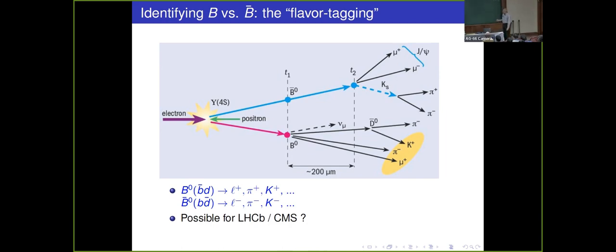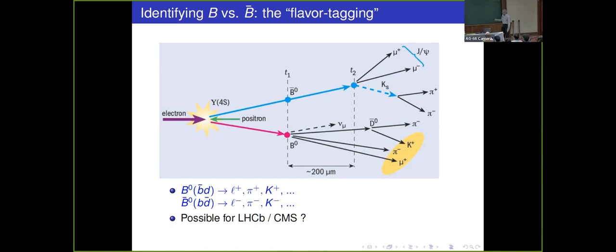However, if one of the particles decays, I think this is the right one, and you can identify that this decaying particle was a B0, you will know for sure that the second particle which came paired with this was a B0 bar at this time. Okay. So, for example, this particle B0 has decayed to a D0 bar and a pi minus, K plus, pi minus, and a mu plus.